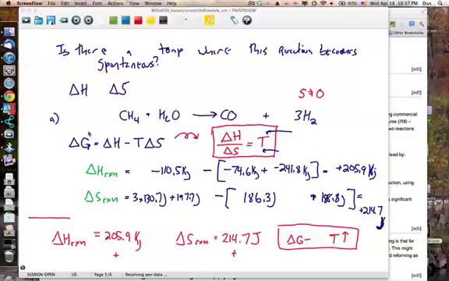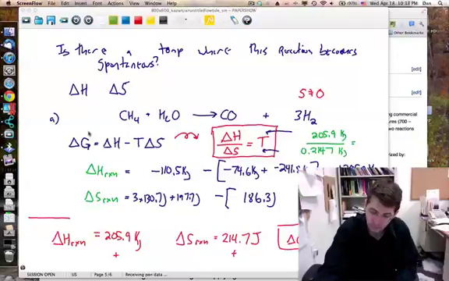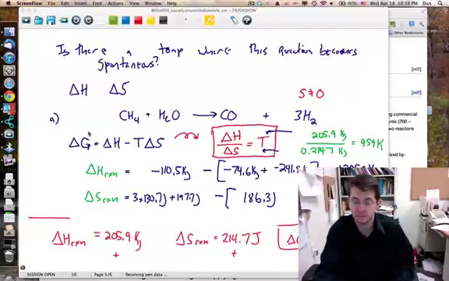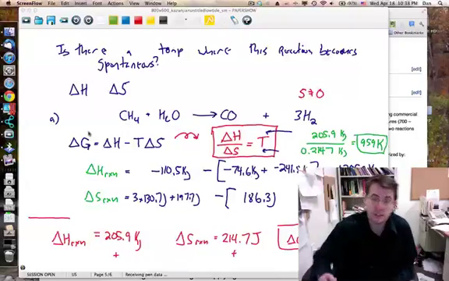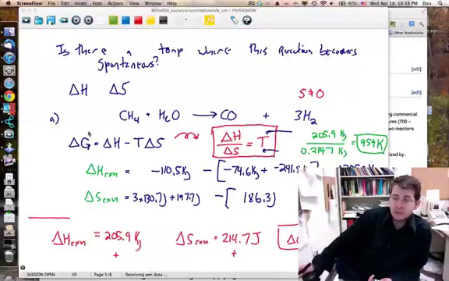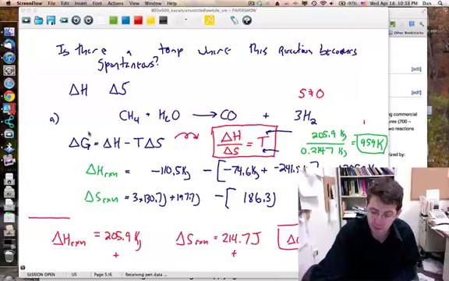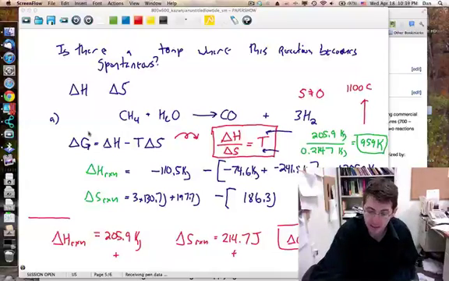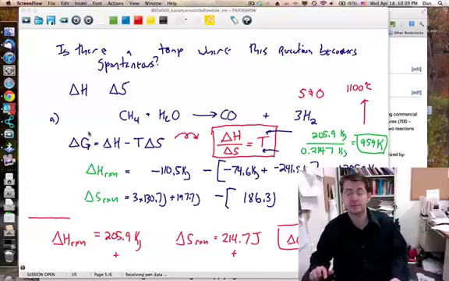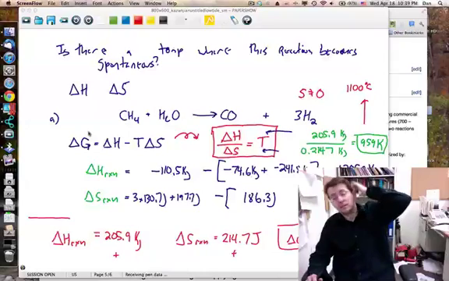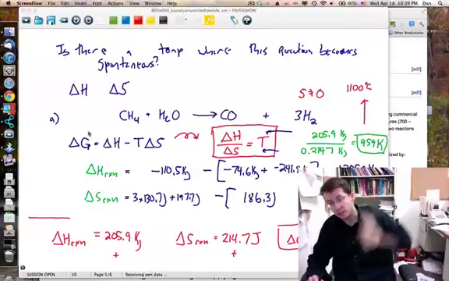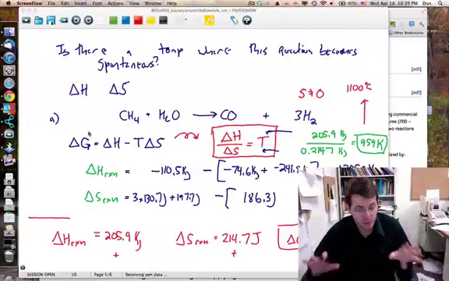So plugging the values in, we get 959 Kelvin. It says that at about 1,000 degrees, this reaction should become spontaneous. In fact, industrially, they actually run this reaction at 1,100 C or 1,300 Kelvin to run the reaction more efficiently. So we can predict when this reaction would transition from non-spontaneous to spontaneous.